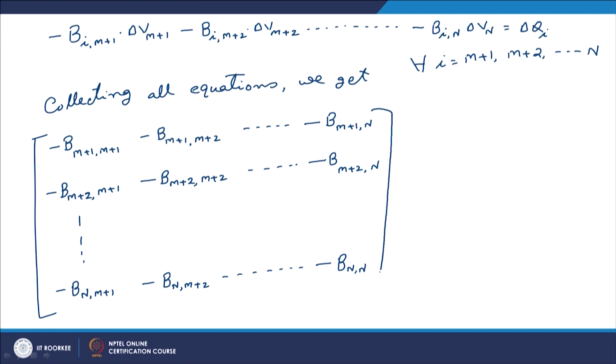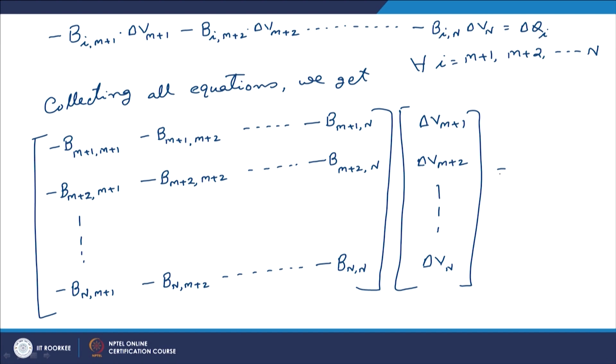So, this is equal to delta V m plus 1, delta V m plus 2, delta V n, that is equal to delta Q m plus 1, delta Q m plus 2, and then delta Q n.